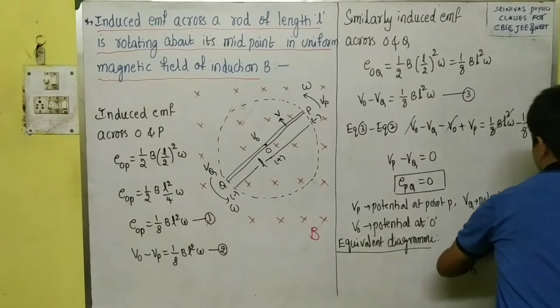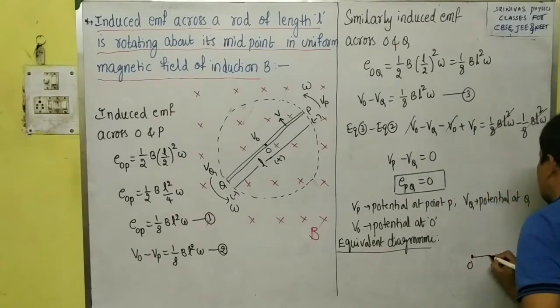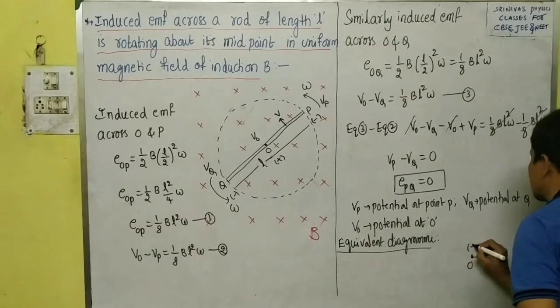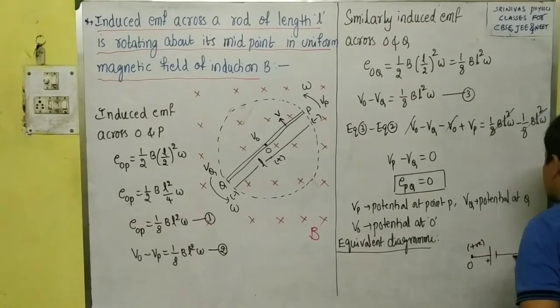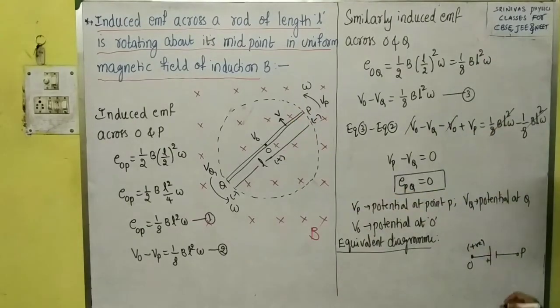Next, we draw like this: O is positive, and this is plus and this is minus, and this point is P. This will act as one cell.